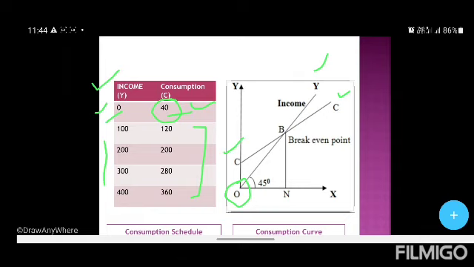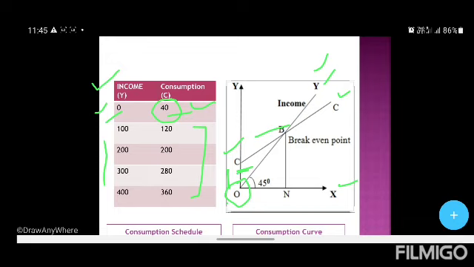Because even at the zero level of income, we are denoting income on the x-axis, therefore, even at zero income, there is a certain level of consumption. Therefore, consumption curve starts from the y-axis and it is positively sloped but a little flatter curve. Why is it flatter? Because it shows that consumption is also increasing but less than the increase in income.